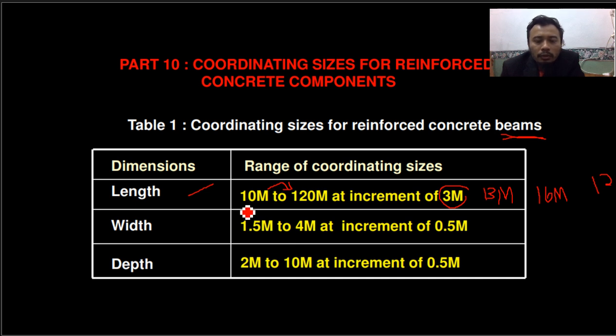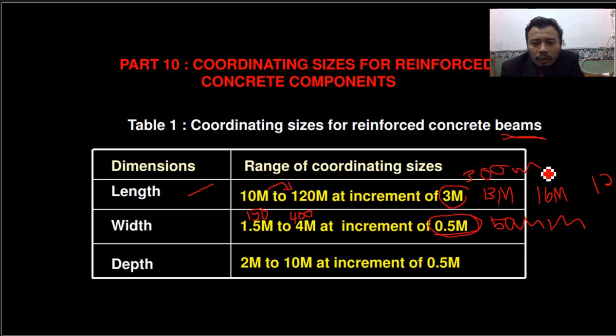So basically 1500 millimeters to 4000, 400 millimeters. 150 up until 400. But your increment is limited to 0.5 or 50 mm. Your width is an increment of 50 mm, but your length will be an increment of 1 foot or 300 mm.